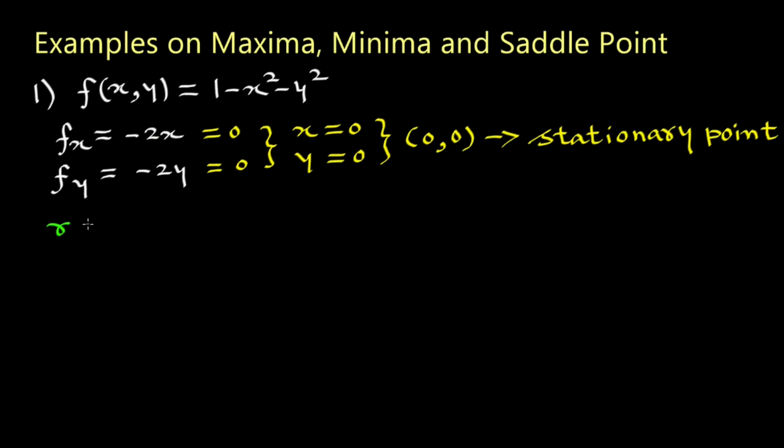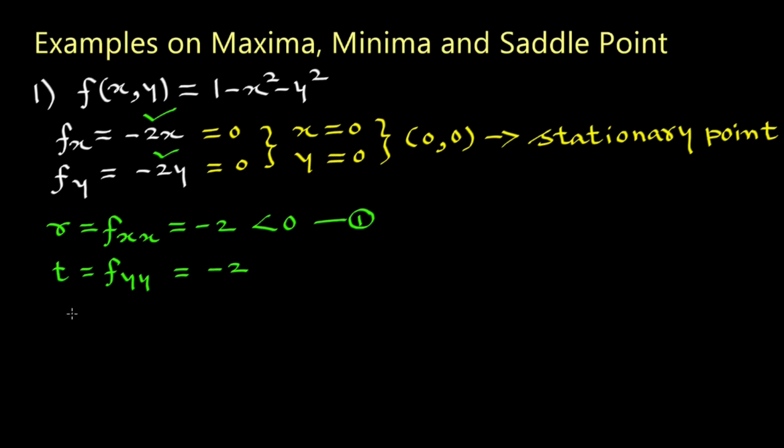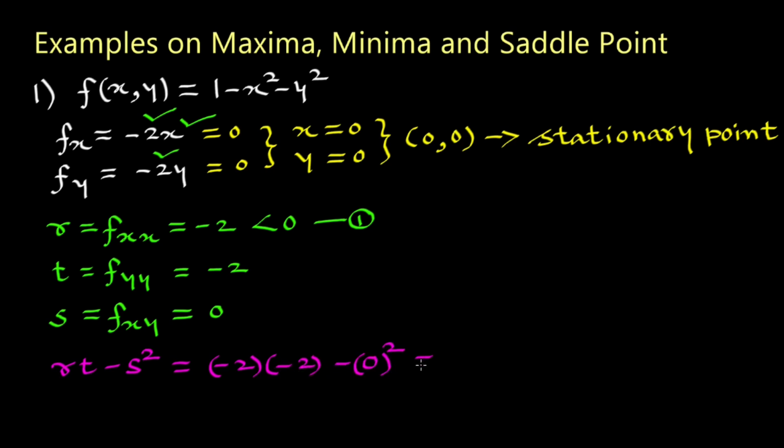Next we find r equals f_xx, that will be minus 2, which is negative. We name this 1. Next t is f_yy, which will be minus 2. Next s is f_xy, which will be 0. Now we have to find rt minus s squared, which is minus 2 into minus 2 minus 0 squared, that will be 4, and it is positive.